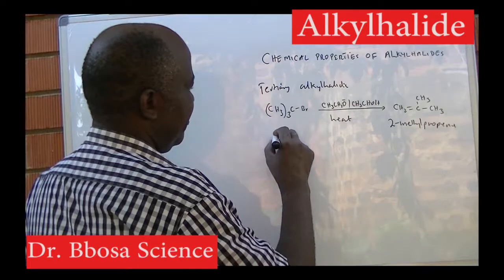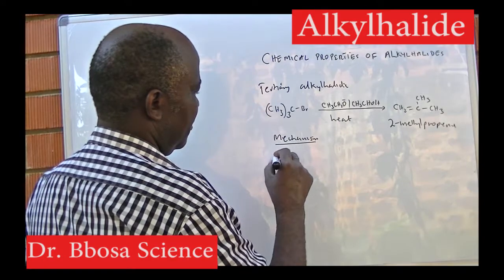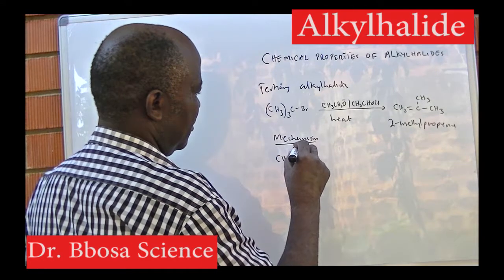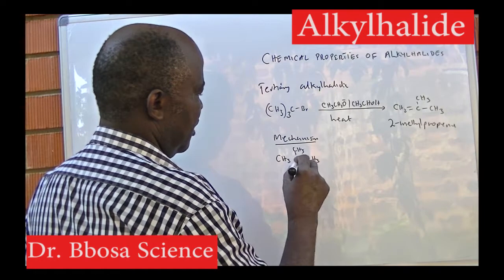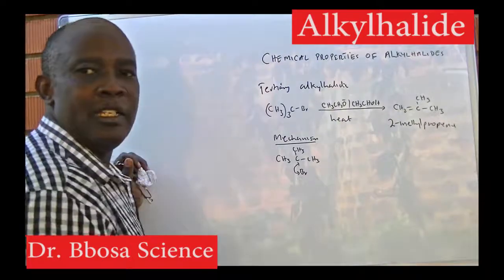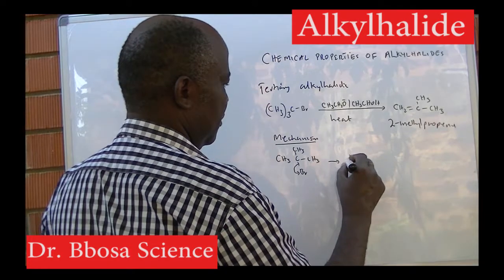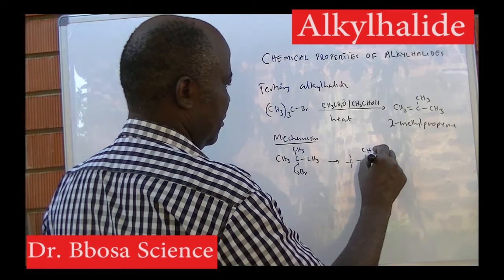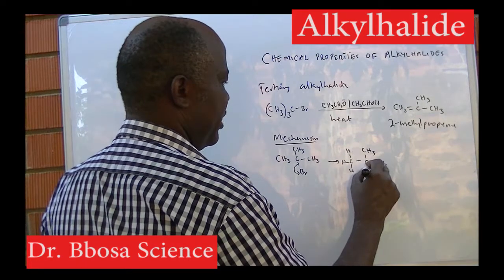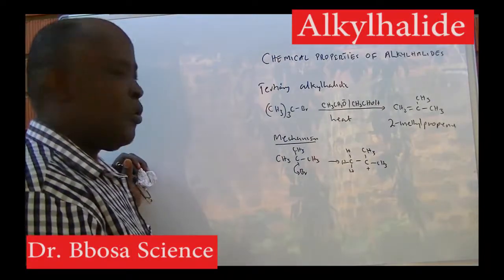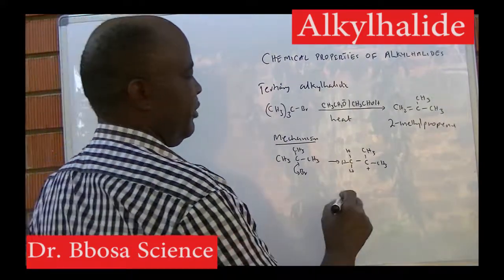The mechanism: the bromine ion breaks off, and a positive charge goes to the carbon atom where the bromine ion had broken off.